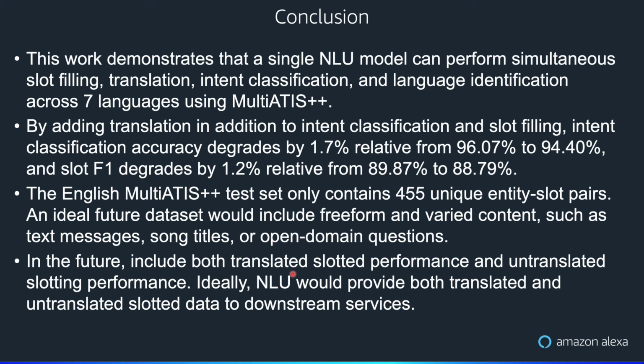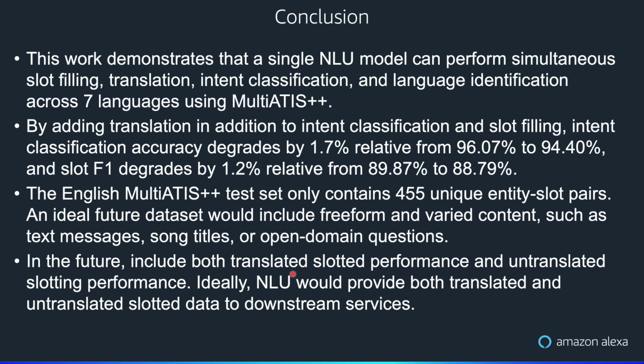However, the multi-ATIS++ dataset only contains about 455 unique entity slot pairs. So it's possible that a model that's this expressive, such as MBART, is really just able to memorize some of those outputs and perform well in that regard.